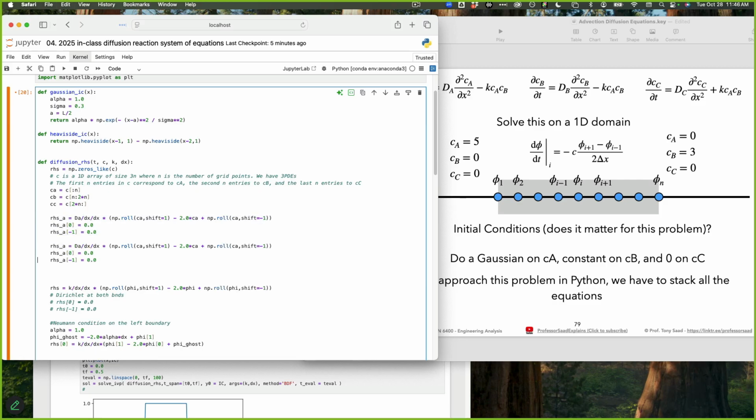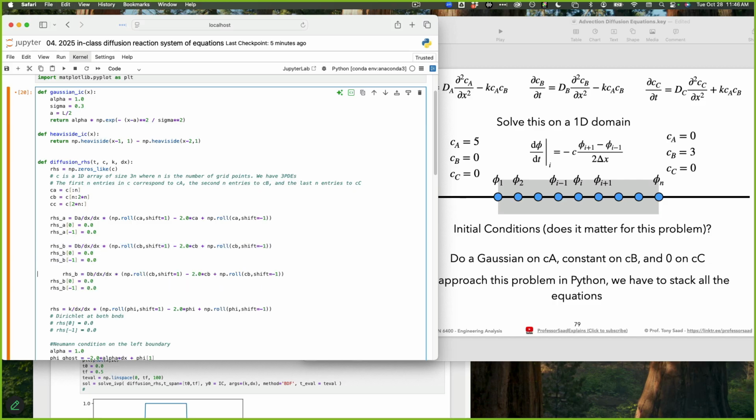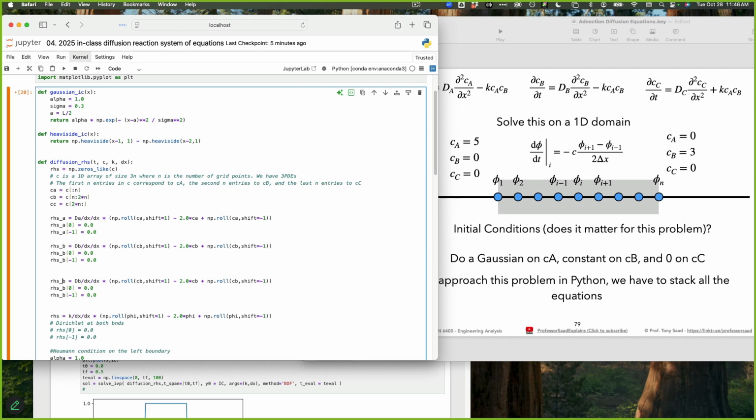So for B, it's RHS of B, and this is DB, and then CB, CB, and CB, and finally for C, CC and then CC.